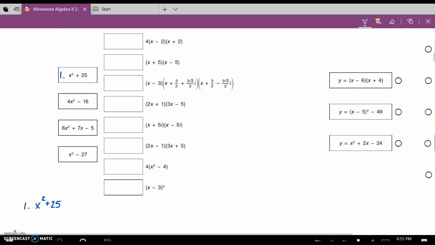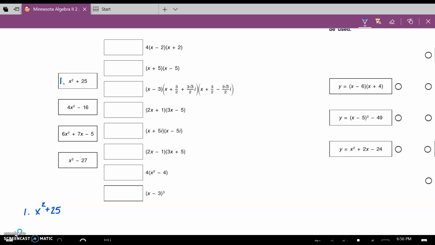Now, if we look at our answer choices, our first instinct is to say, hey, right there. But we can only do that when we have a difference. That would be difference of squares, and this is not a difference, so we cannot do that. So the option here, if we look through the rest of our answer choices, would be the one with i's. We can have imaginary numbers whenever we factor, and we actually haven't talked about that, but we can do that. Okay, so this is going to be number 1.